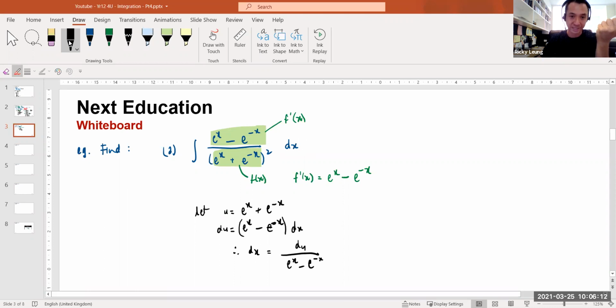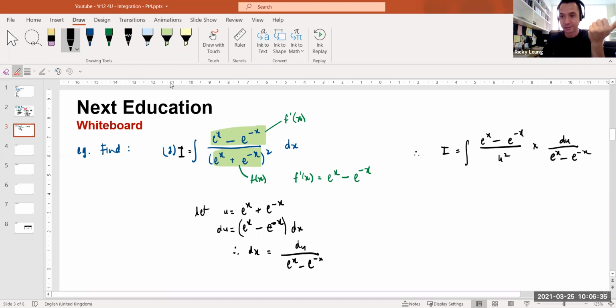That derivative exactly cancels out, so if I let this guy be I, therefore I equals 2, and that guy is still there. I sub u into there, I get u squared on the bottom, multiplied by du, which cancels out the thing with the x's.